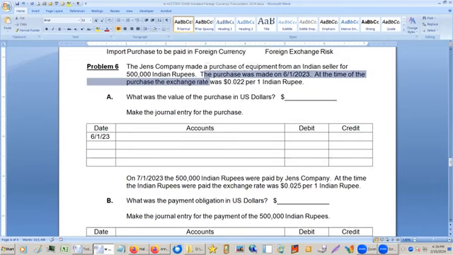Okay, the Jens Company made a purchase of equipment from an Indian seller for 500,000 Indian rupees. The purchase exchange rate was 0.022 per one Indian rupee.